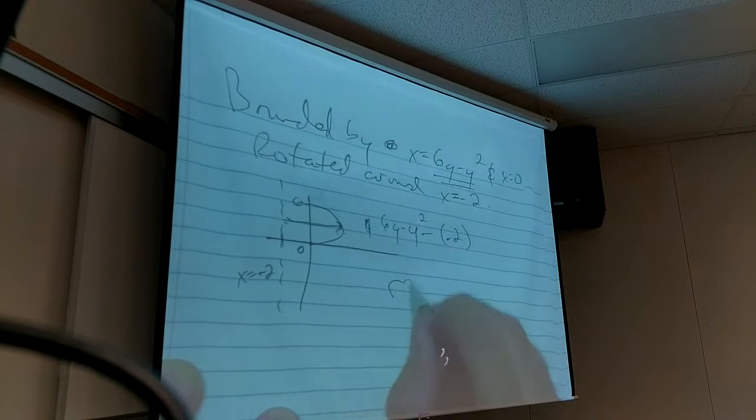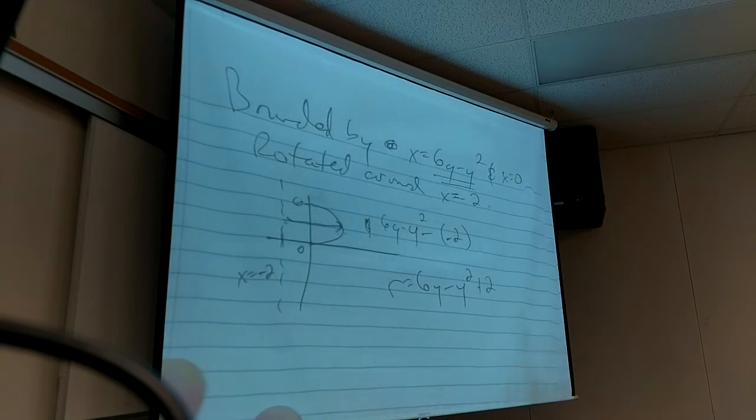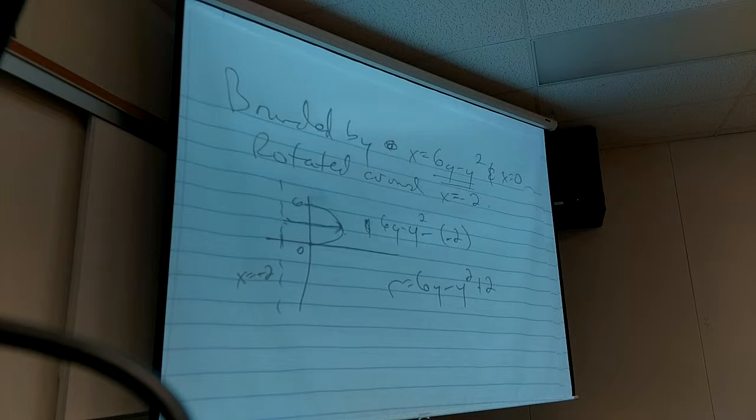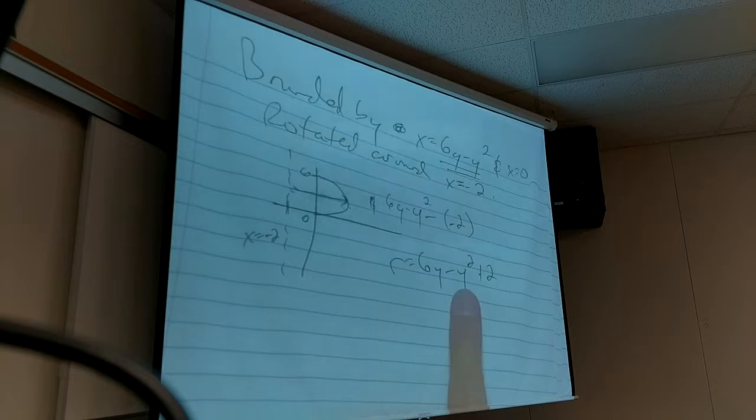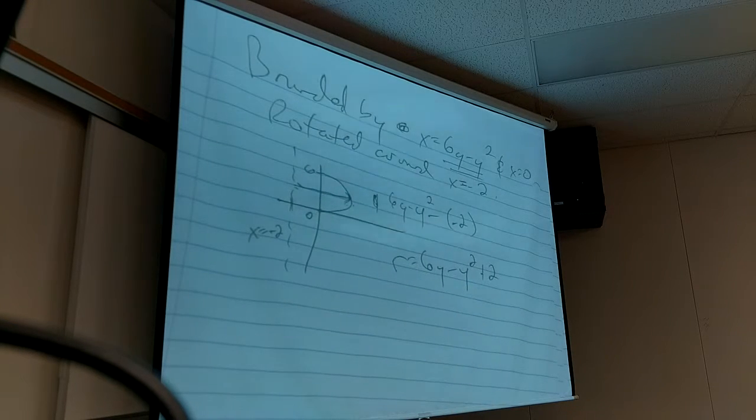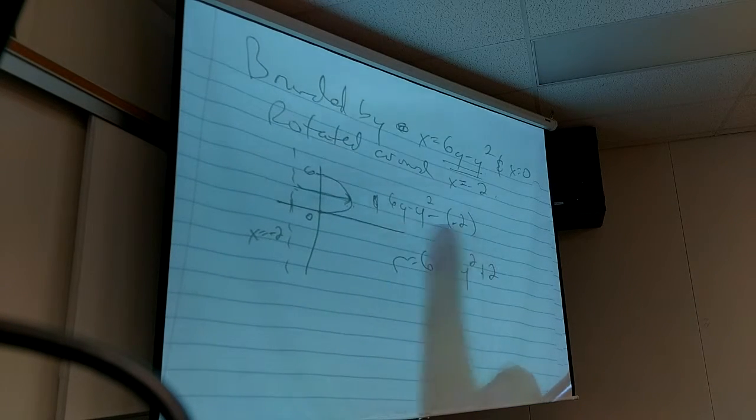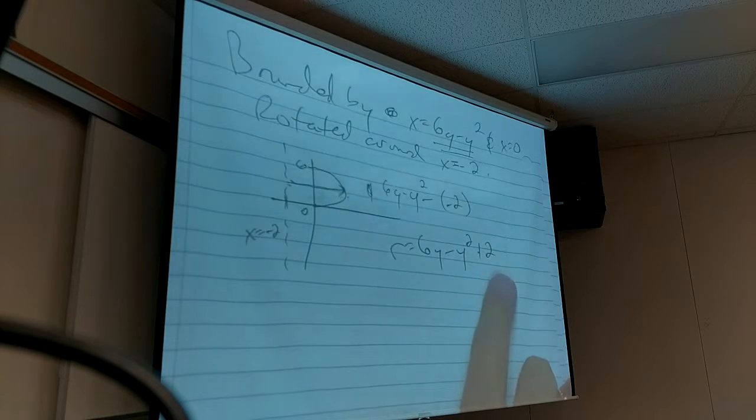So then what's the radius? 6y minus y squared plus 2. And that should only make sense. If I take my axis back 2, now every radius is going to be 2 bigger. It's 2 further away now. It used to go to 0. Now it goes to -2. It's 2 further. That's why this makes so much sense. So on this specific problem, you didn't really have to write it like this. You could just put this. You know it's 2 more.